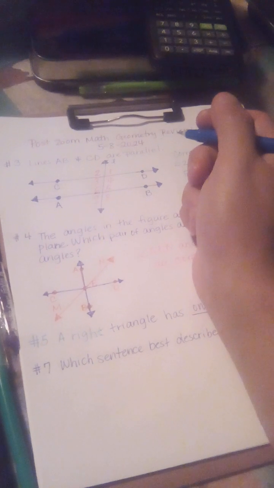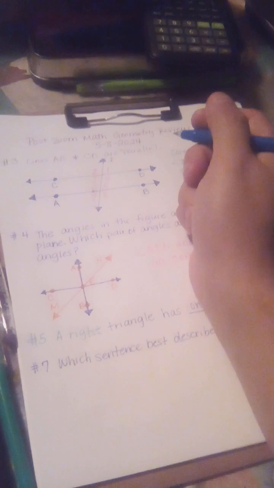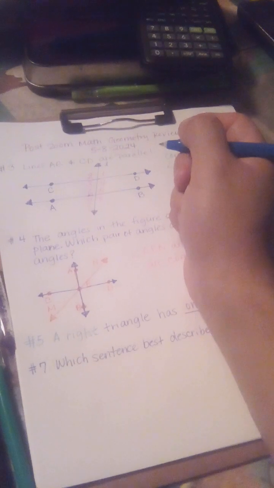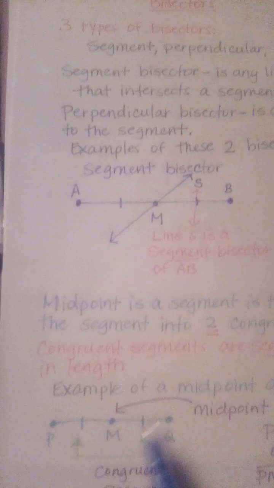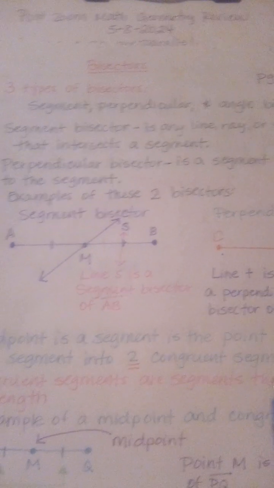So we could eliminate C. It's between A, the midpoint of a segment is the point that divides the line into two segments, or B, the midpoint of a segment is the point that divides a segment into two congruent segments. Okay, let's look here. The midpoint is the point that divides the segment into two congruent segments, right?